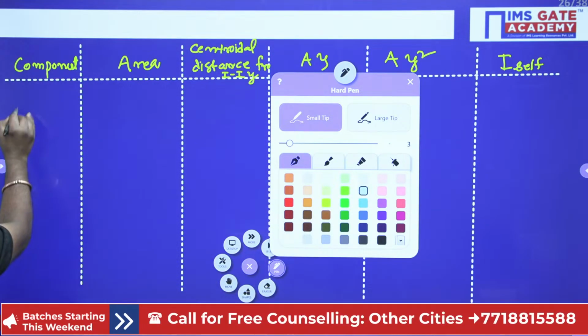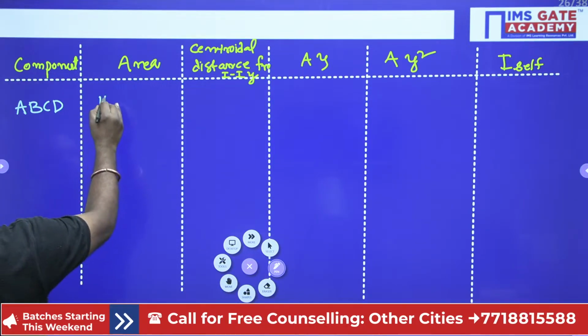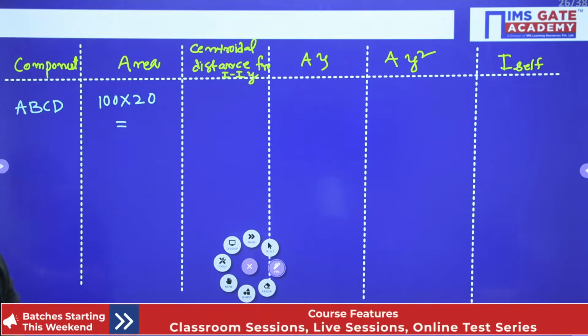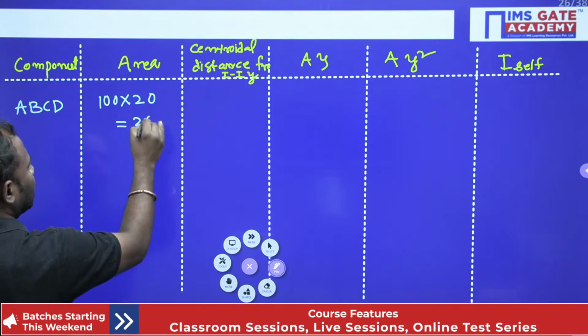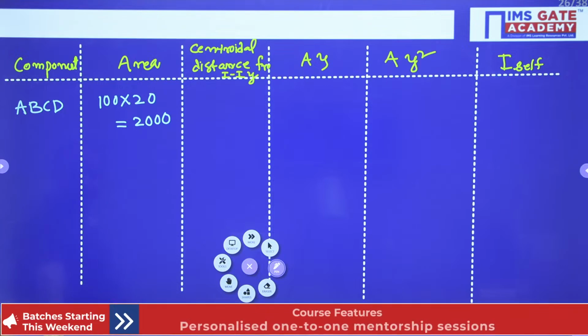Right. So, first component ABCD, its area is 100 by 20. That is going to be, how much is it, guys? It's 2000 mm square, right? Now, first part centroidal.